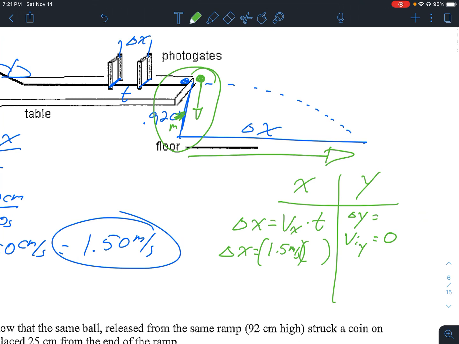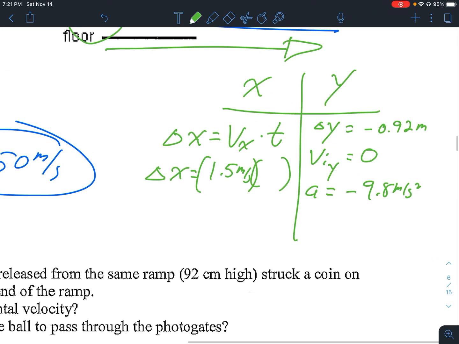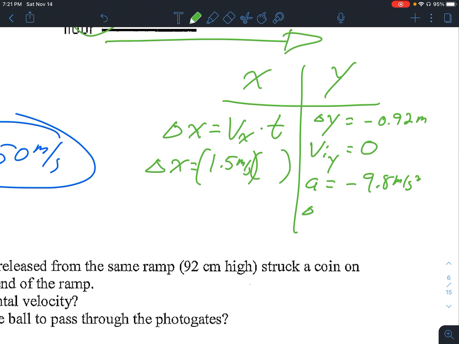I got distracted with my previous mistakes. So our 0.92 meters displacement, our acceleration, negative 9.8. And the equation that 9 times out of 10 you'll be using is this one.